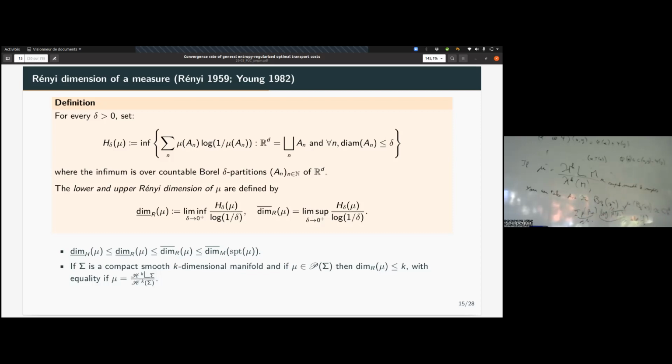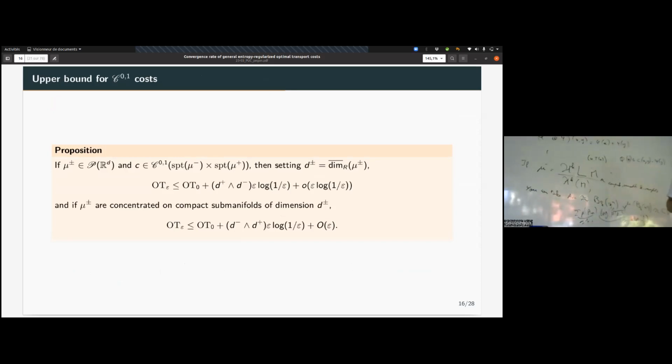So when you divide by log of 1 over delta, you should have lower and upper entropy dimensions, and you can compare it to some other well-known dimensions, like the lower Hausdorff dimension, the Minkowski content of the support, and so on.